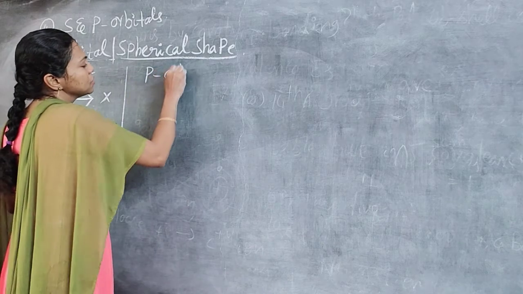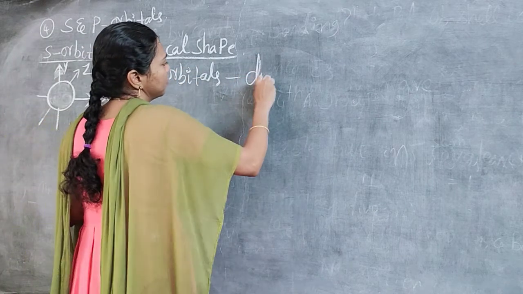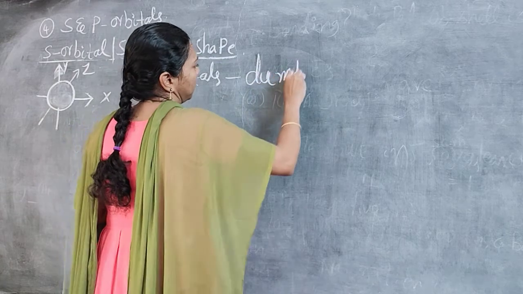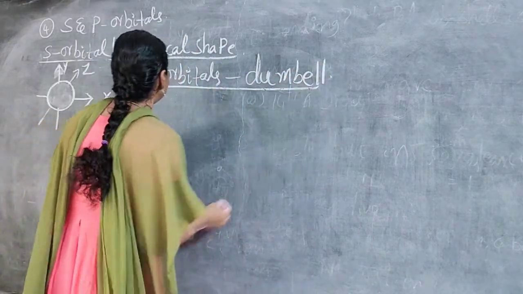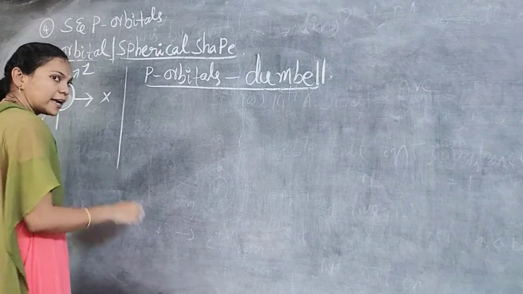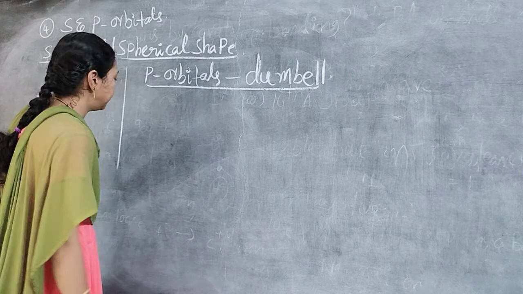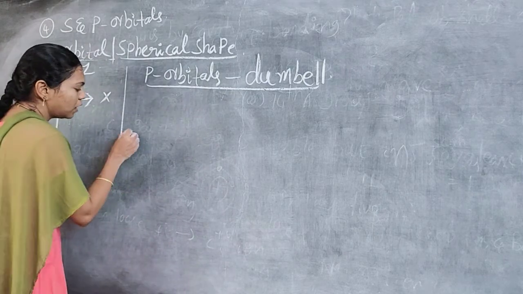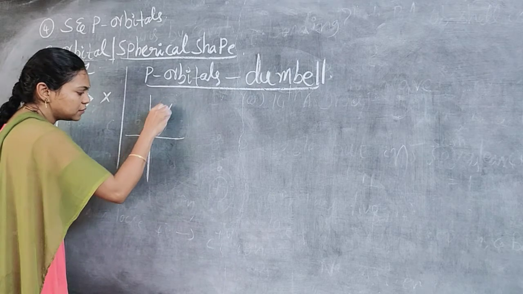P orbitals. Dumbbell shape. You remember, in the P subshell there are 3 orbitals: Px, Py, Pz. Now this is X axis, Y axis, Z axis.